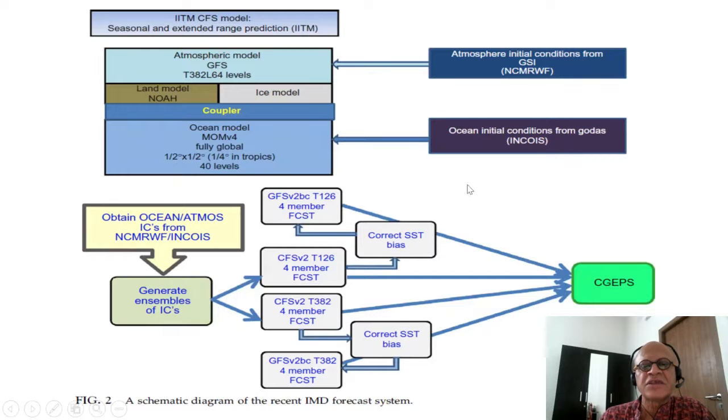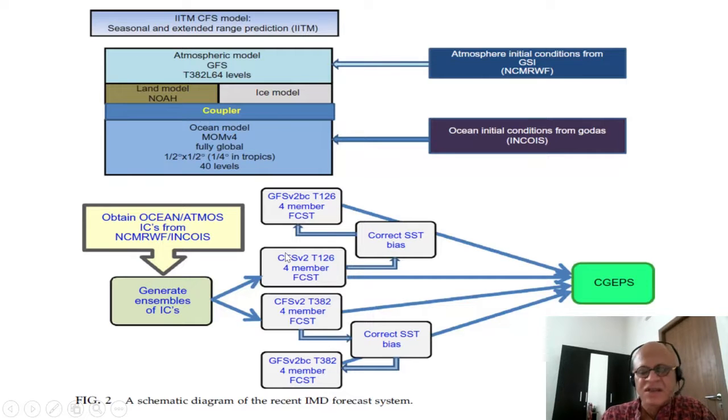So you can see that here it is GFS, which is uncoupled, bias corrected. This is CFS, which is coupled. And this is GFS again with bias correction. So it is combining forcing of SST from the coupled model with bias correction in both cases, with 2 different resolutions.